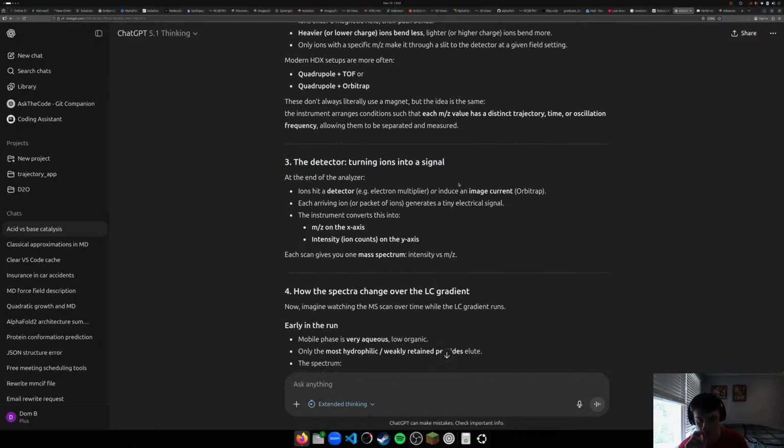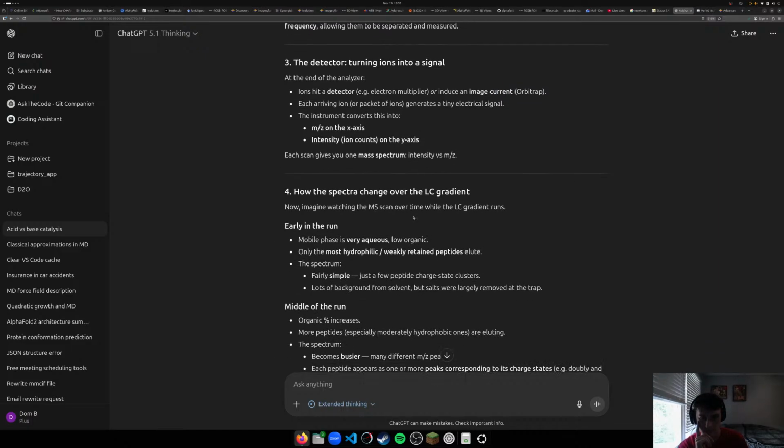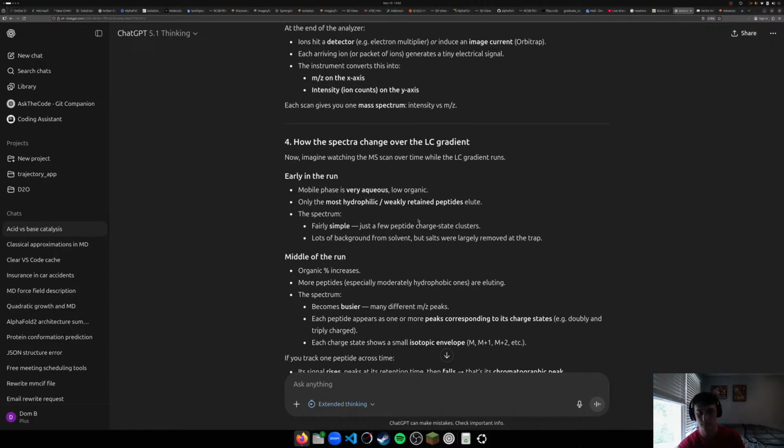Alright, so hit a detector or induce an image current. Now imagine watching the MS scan over time while the LC gradient runs. Early in the run, mobile phase is very aqueous, low organic. Only the most hydrophilic, weakly retained peptides elute. The spectrum is fairly simple, just a few peptide charge state clusters, lots of background from solvent, but salts are largely removed at the trap.